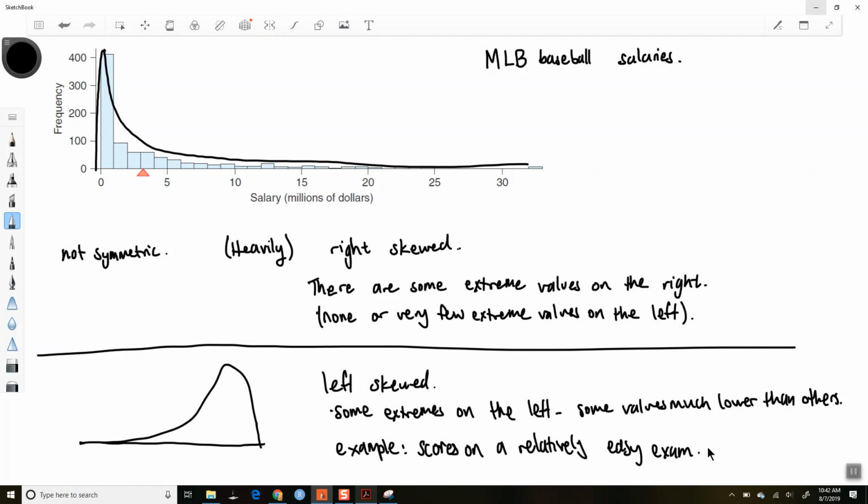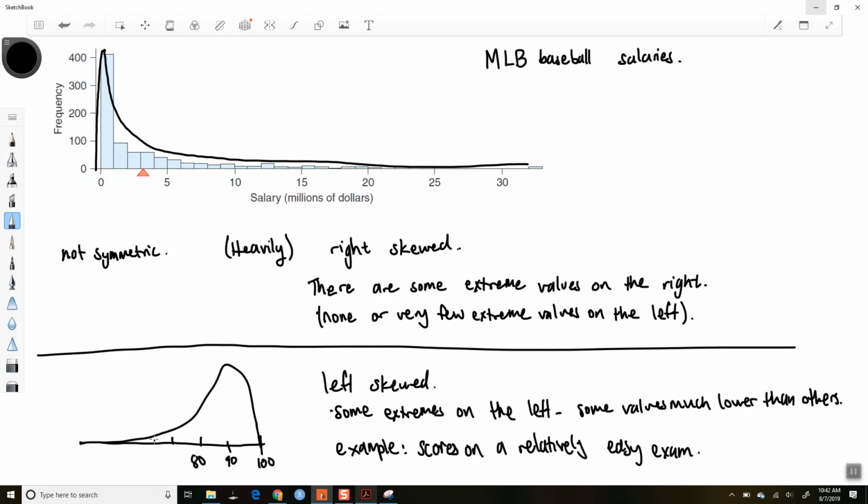But as far as extreme values go, you're not going to have anybody really over 100%. Okay, maybe there's some extra credit, but there's going to be a max, right? You get everything correct, and that's going to be the max score, and you're not going to have people getting higher than the max, okay? So this will be like something like 100, and basically a lot of people getting 80, 90, 100, something like that.